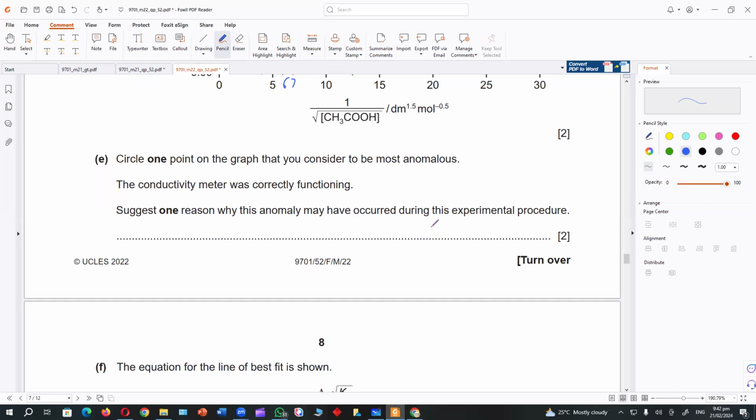Can you repeat the statement you are suggesting? The concentration of ethanoic acid is wrong, is recorded wrongly, or we made a wrong concentration solution. You mean that?